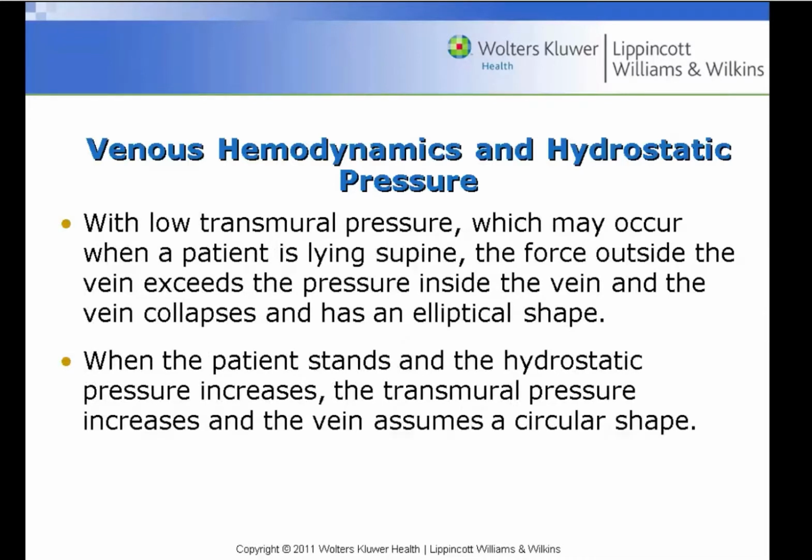With low transmural pressure, which occurs when a patient is lying supine, the force outside the vein exceeds the pressure inside the vein, and the vein collapses and has an elliptical shape. You have a picture of this in your textbook on page 126. When the patient stands and the hydrostatic pressure increases, the transmural pressure increases and the vein assumes a circular shape.